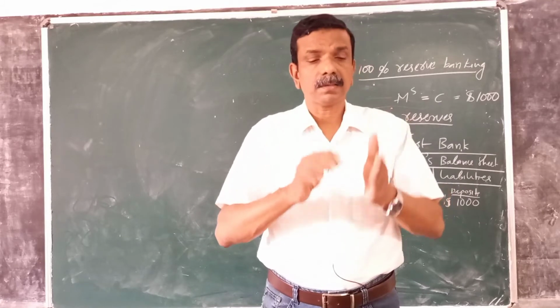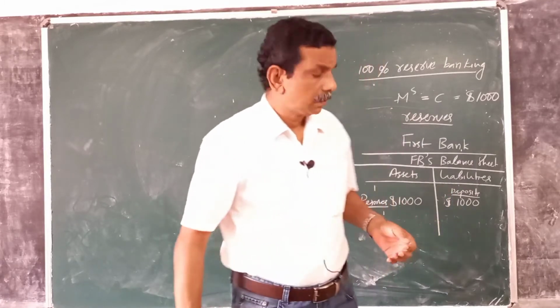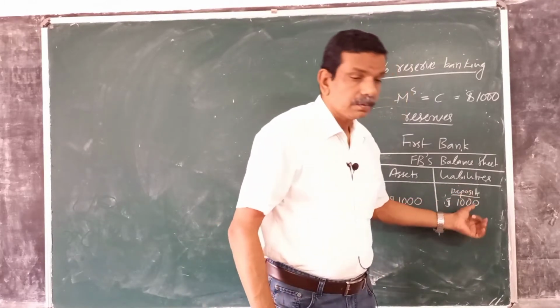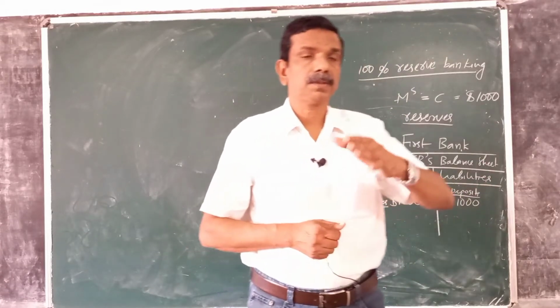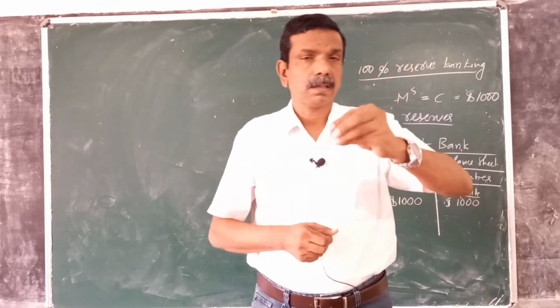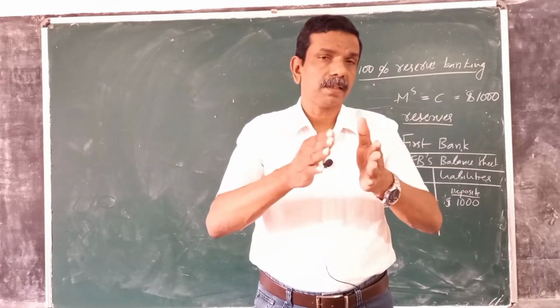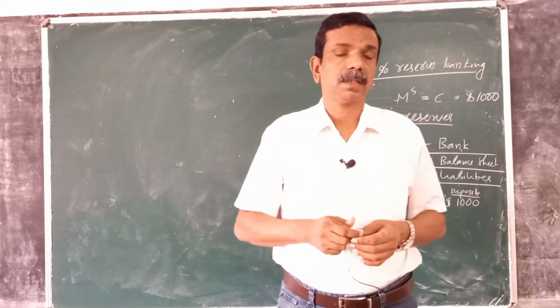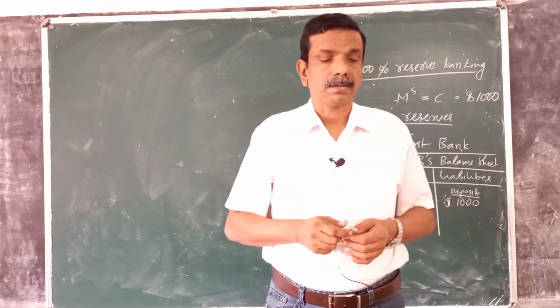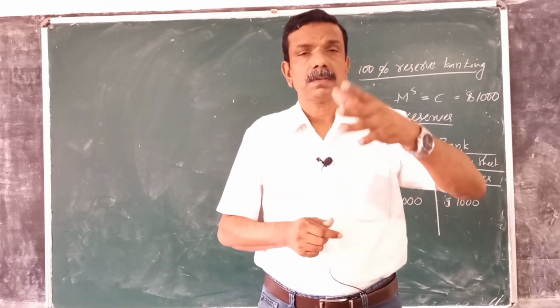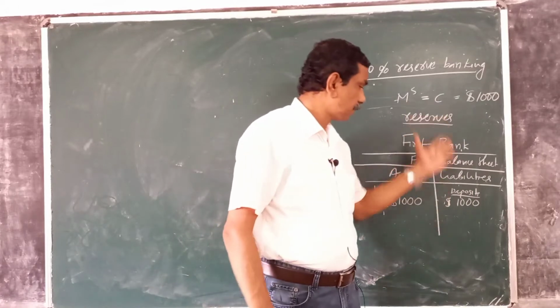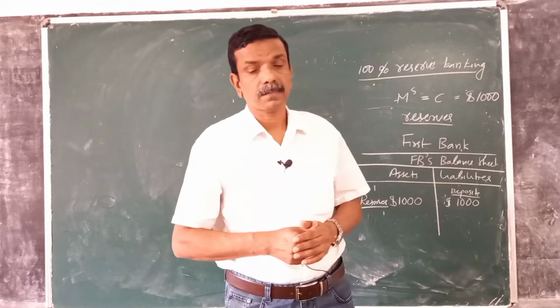Liabilities of the bank are again equal to deposits, equal to 1,000. There is no profit. The bank may charge a small sum for providing safe custody to the currency. That is all. Now the question is, what is the money supply in this economy?